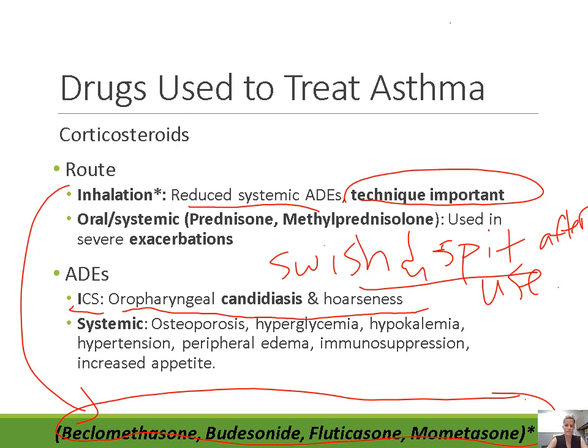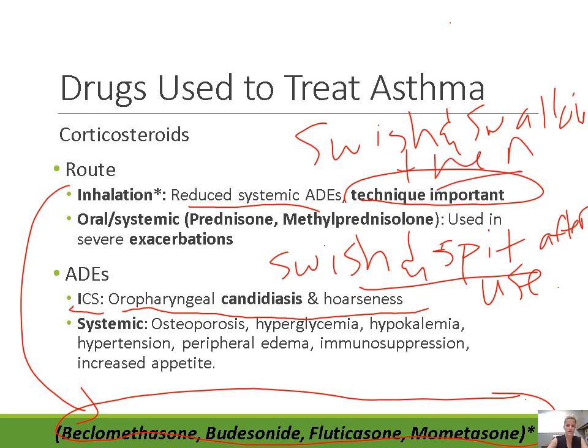And really before that, it's best to first swish and swallow, then swish and spit. The swish and swallow washes the throat, because when you just swish water around your mouth, you're not really getting down to the throat. So swish and swallow allows you to rinse the throat, and then swish and spit allows you to get the last remnants of the drug out of your mouth, so that you're less likely to have the yeast infection in the mouth and in the throat, and less likely to have that hoarseness develop.